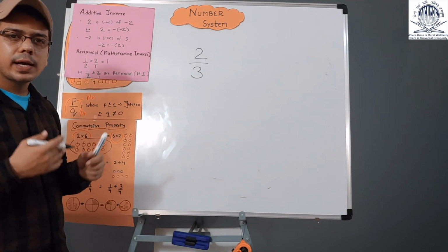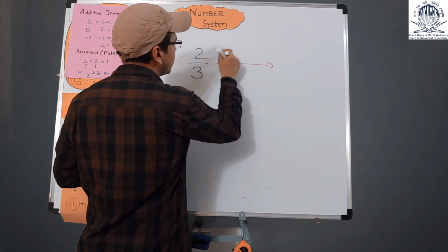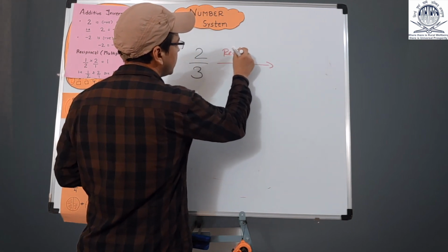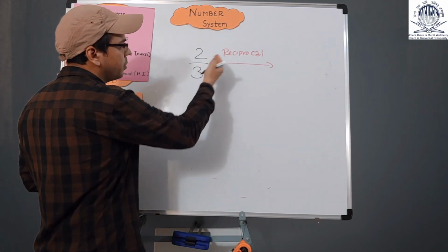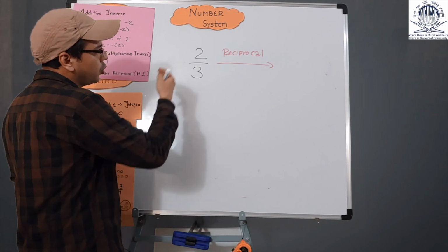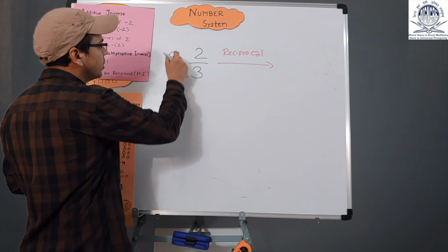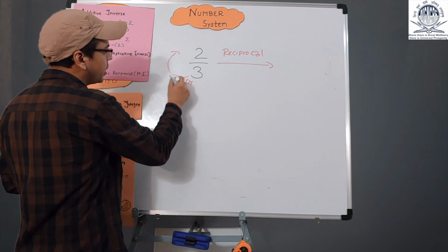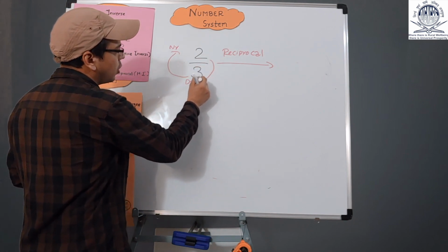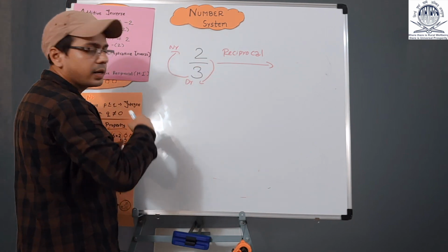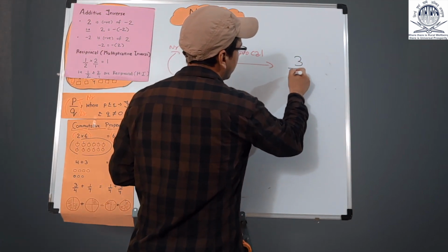Now I want to find something called the reciprocal. What reciprocal means is that you take 3, the denominator, into the numerator. So the denominator becomes my new numerator, and the numerator becomes my denominator, and that way I get a new number, which is 3 by 2.